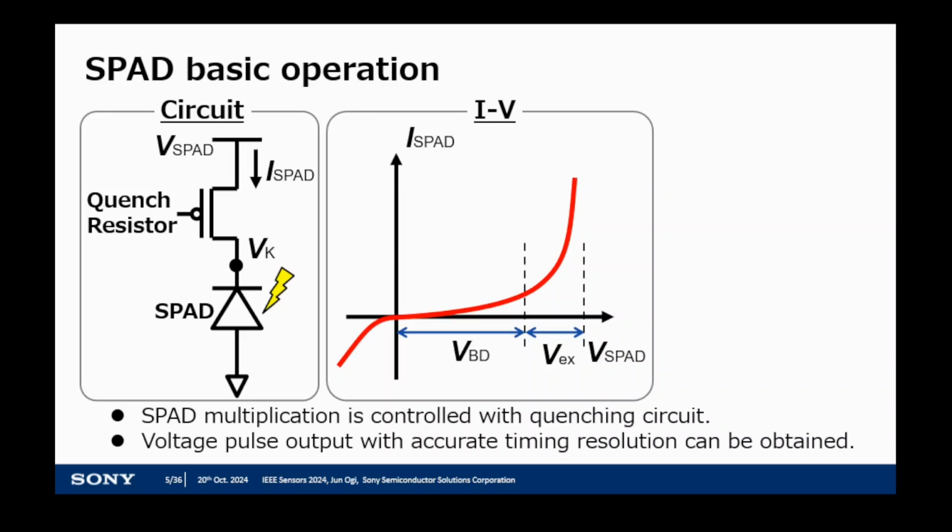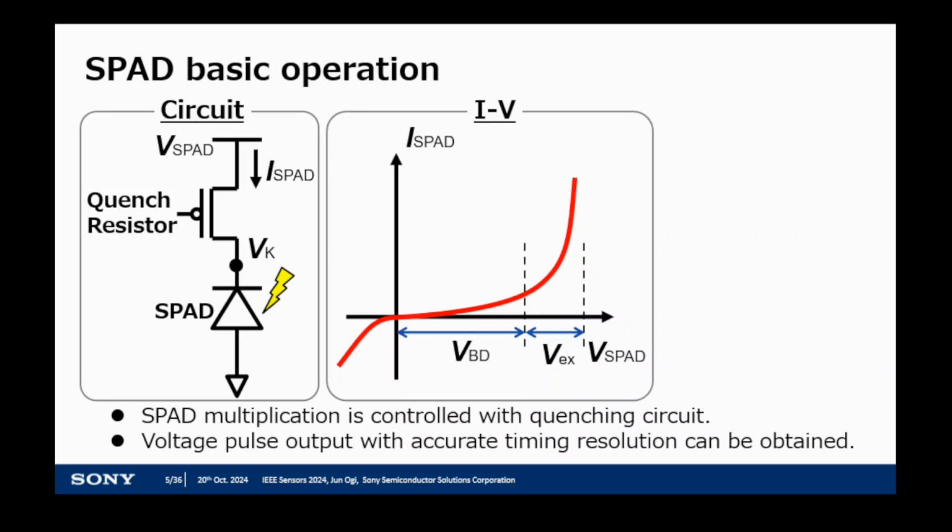The BVD denotes the breakdown voltage, which represents the minimum voltage necessary to induce charge multiplication. The SPAD current increases rapidly with an applied voltage exceeding the breakdown voltage.